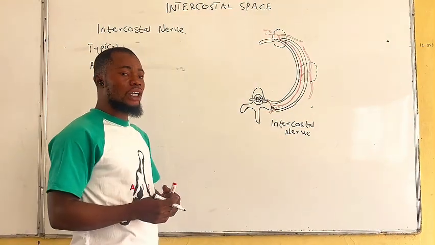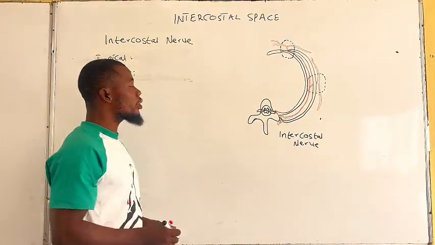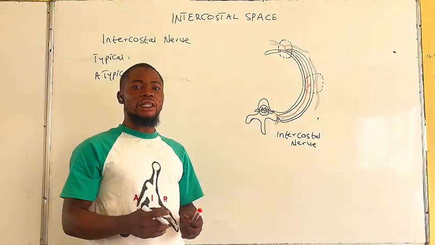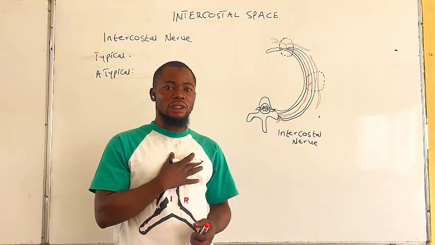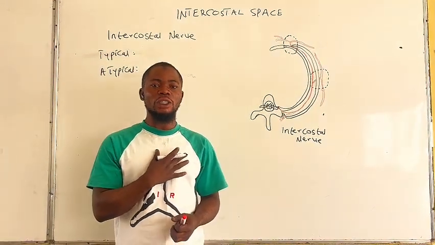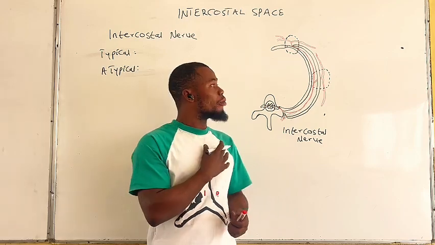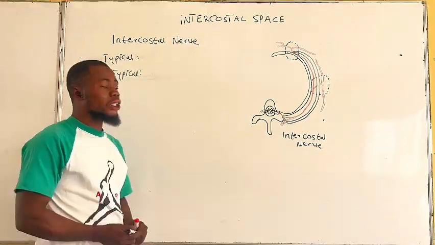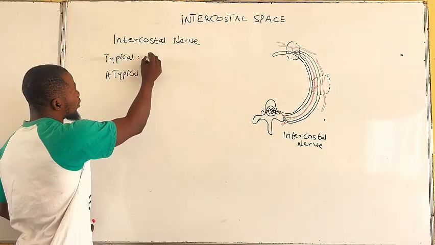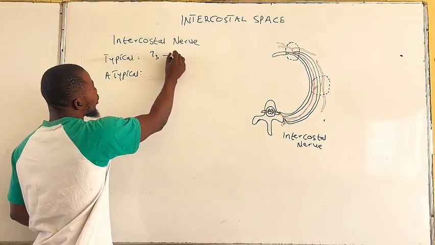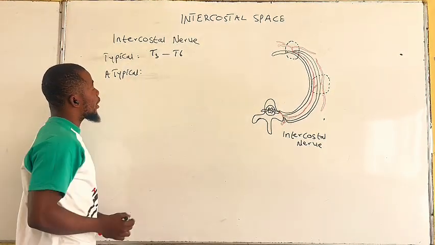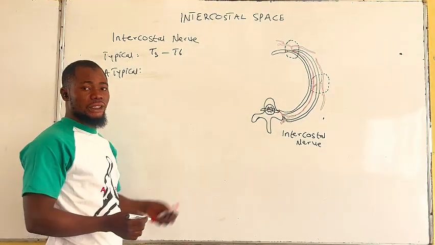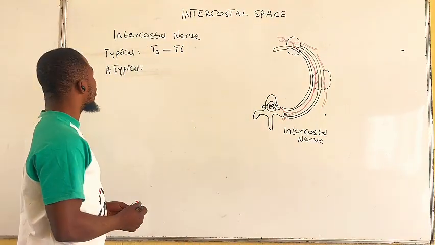Typical intercostal nerves are the intercostal nerves present in the typical intercostal spaces. We've already said that the typical intercostal spaces are the 3rd to the 6th intercostal spaces. So the typical intercostal nerves are T3 to T6, the anterior rami of T3 to T6.